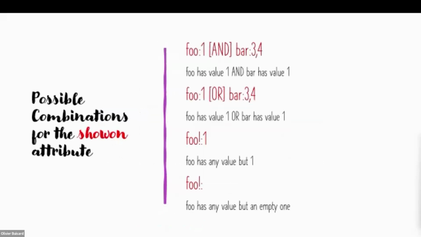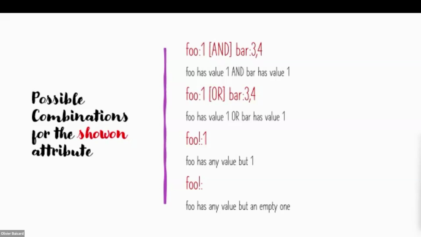But there are other possible combinations. I mean, a field using the show on attribute would show if, for example, a field foo would have a value 1 and a field bar would have a value 4 and 3. You could also have this combination where a field using the show on attribute would show if foo has value 1 or bar has value 3 or 4.